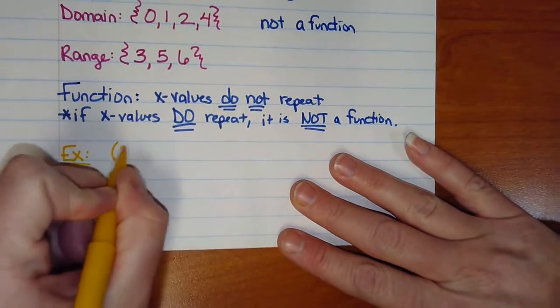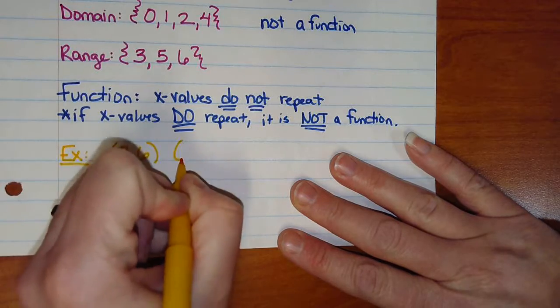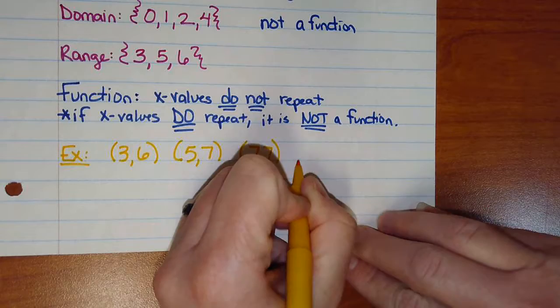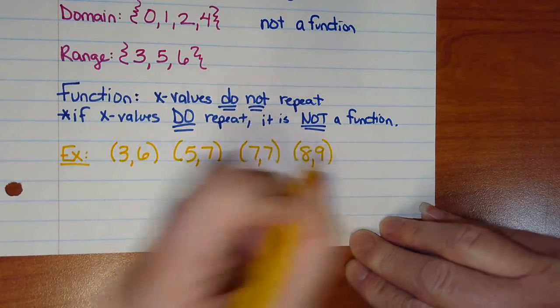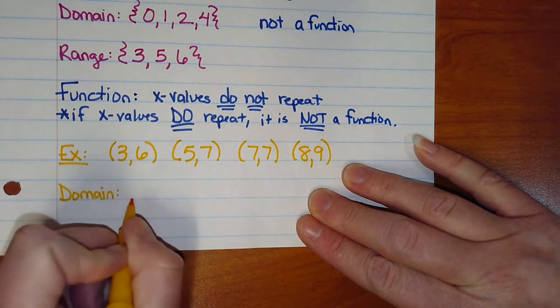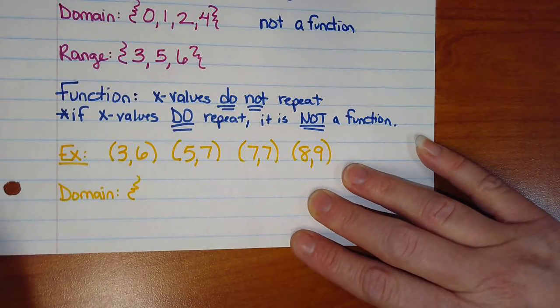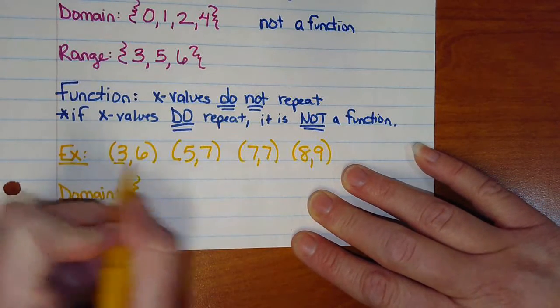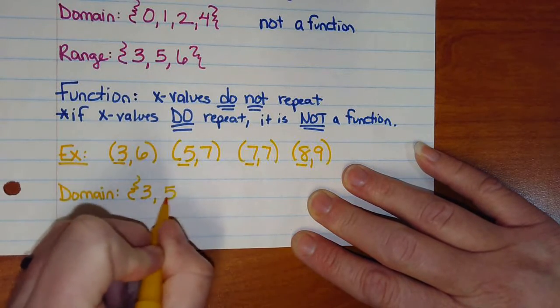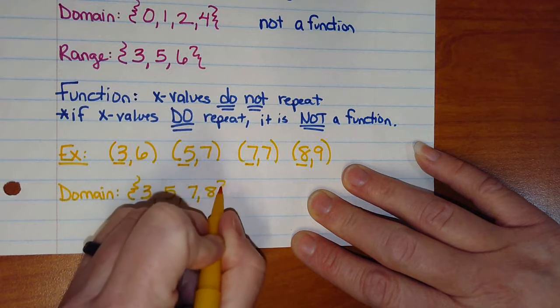So if we had 3, 6, 5, 7, 7, 7, and 8, 9, the domain would again be the set, so those curly brackets, of the x values. So 3, 5, 7, and 8. And actually, how convenient, they're all in order.